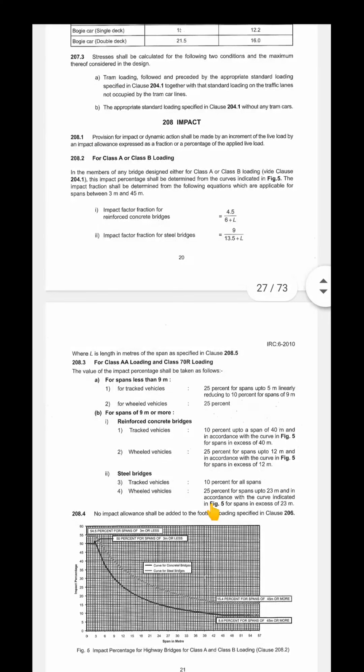See here, for spans of 9 meter or more for tracked vehicle, 10% up to span 40 meter, and in accordance with the curve for spans in excess of 40 meter. For spans up to 40 meter, the impact factor should be considered 10%.